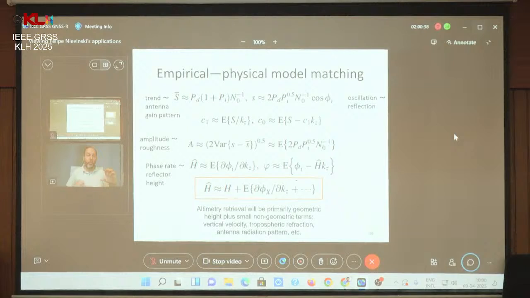So whenever you have the surface response changing in phase with the angle of incidence, that may create a small altimetry bias in your retrieval. Okay?